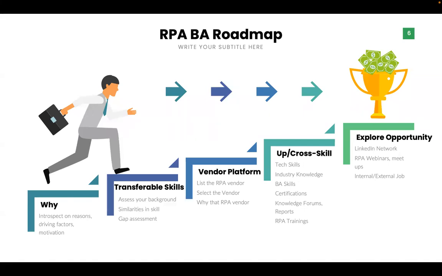Domain is the most common area of expertise you can bring when you want to switch to RPA. Understand the gap required to reach RPA and where you are right now. Once you understand the gap, for all 50 of you, the gap would be different. For Kevin, the gap is minimal because he's starting his job.